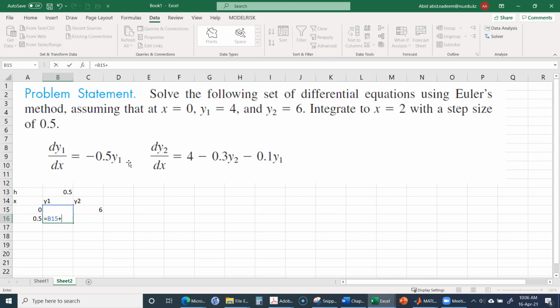The value of dy over dx for y1 is equal to minus 0.5 times y1, and y1 is this value.